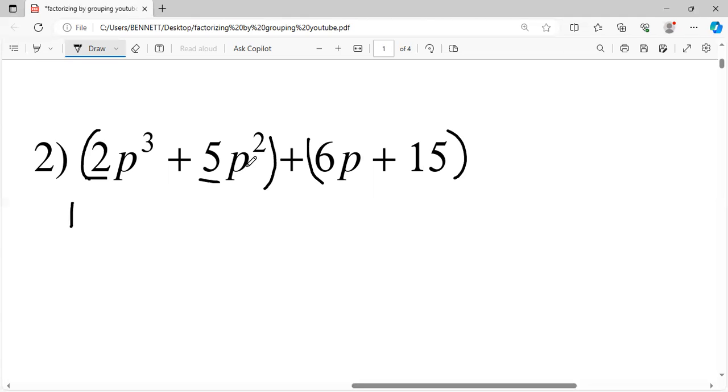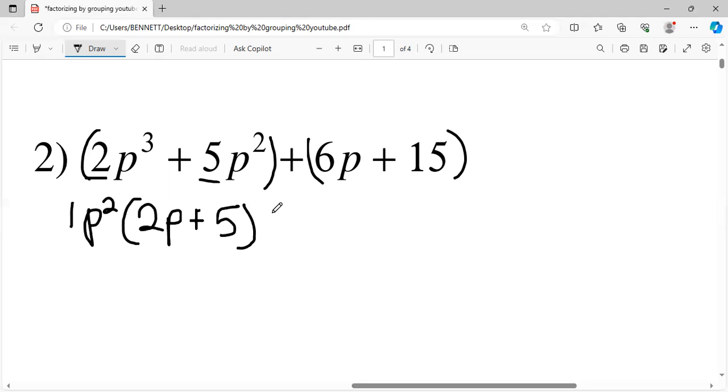Now we have p^2 and p^3, so that would be p^2. We're going to take out p^2 and divide. 1 into 2 goes 2 times, p^3 divided by p^2 leaves p. Of course, 5 divided by 1 and p^2 by p^2 cancels out, so that would leave 5.